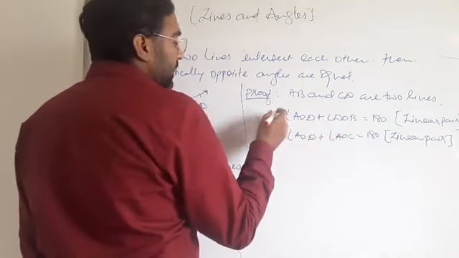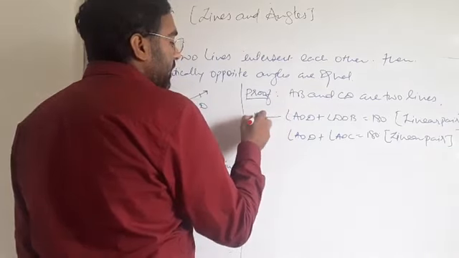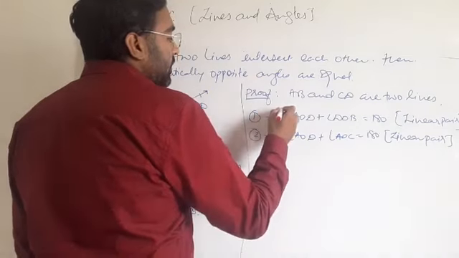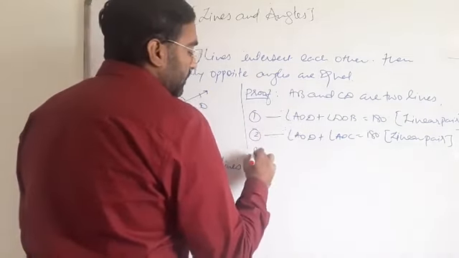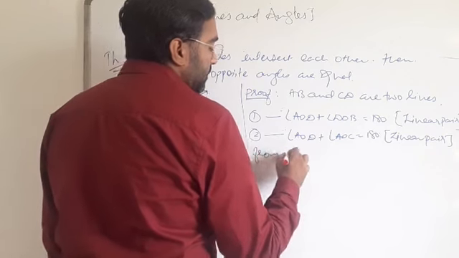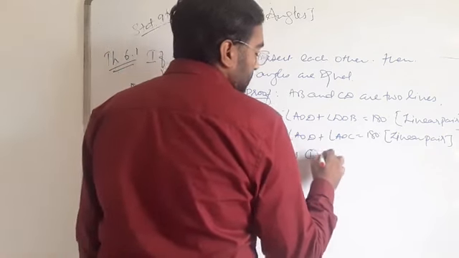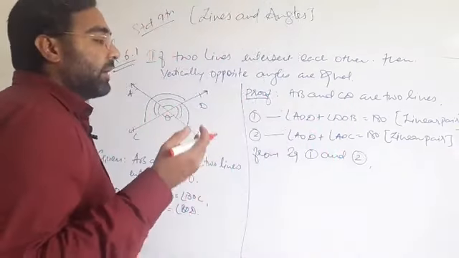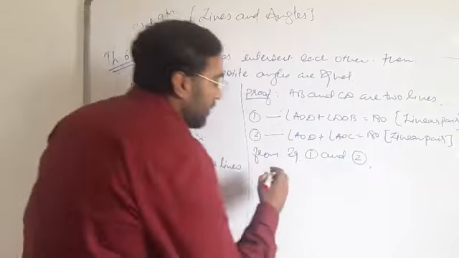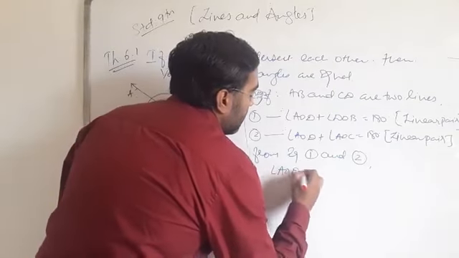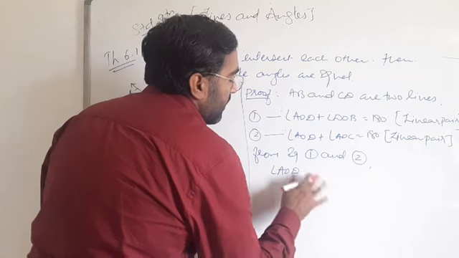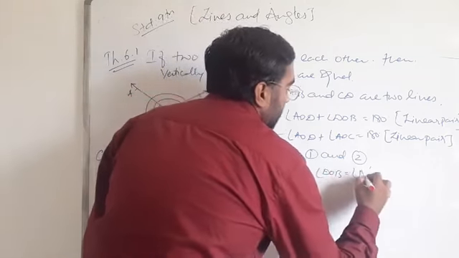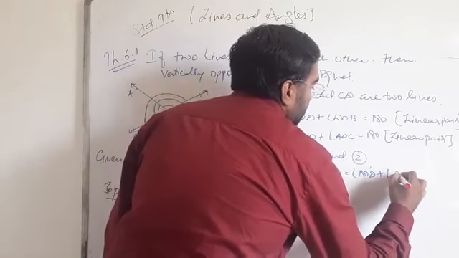I'll take the first equation as 1 and the second as 2. From equations 1 and 2, both equations are equal, so AOD plus DOB is equal to AOD plus AOC.